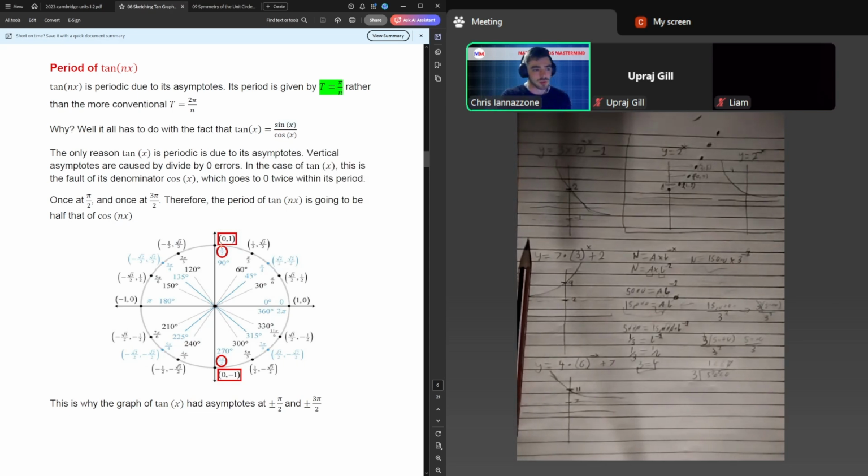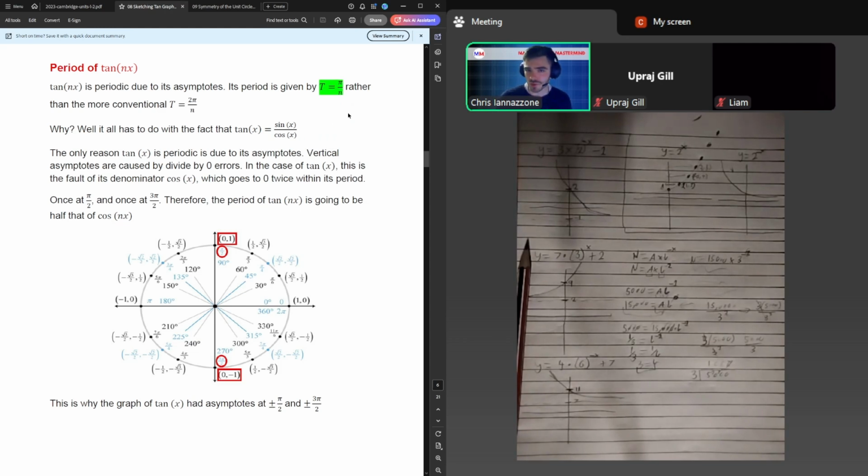In doing so, cosine actually goes to 0 twice, if you look at those 2 spots on the unit circle. So for one full cycle of cosine or sine, there are 2 spots on the unit circle where it goes to 0. And so if cos goes to 0 twice, that means you have 2 asymptotes per cycle of the other circular functions, which is why the period is halved.